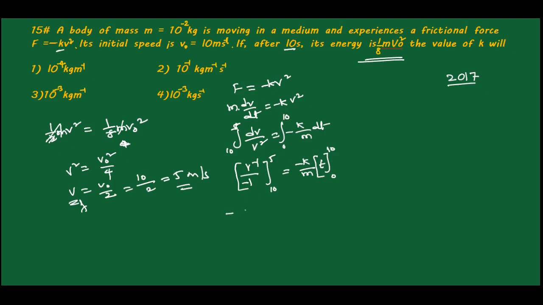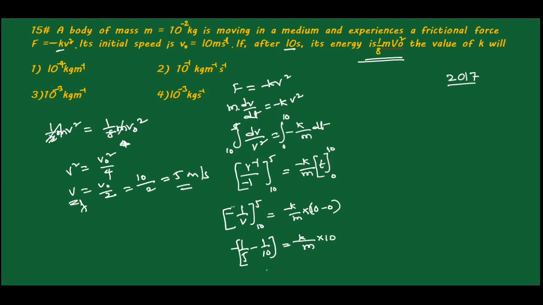Taking like this, 1 by v, this is 1 to 1 by v, 10 by 5, that equals minus k by m t. If I apply the upper limit of 10, and 0 here, plus 1 by 5 minus 1 by 10 is k by m into 10.